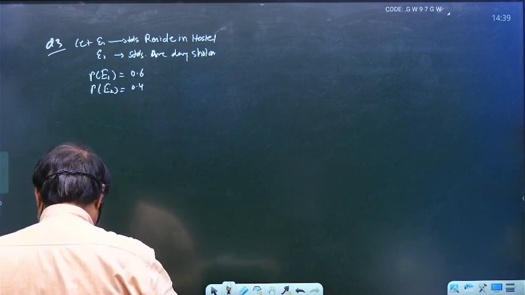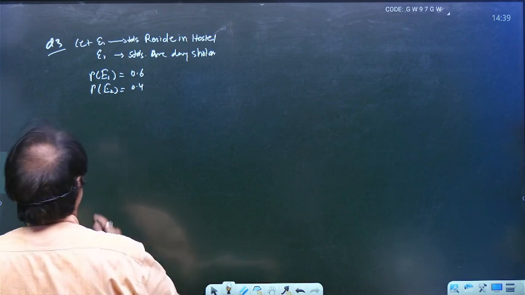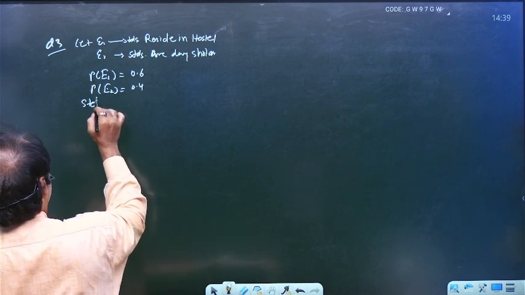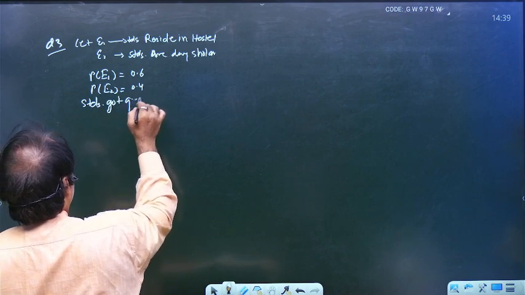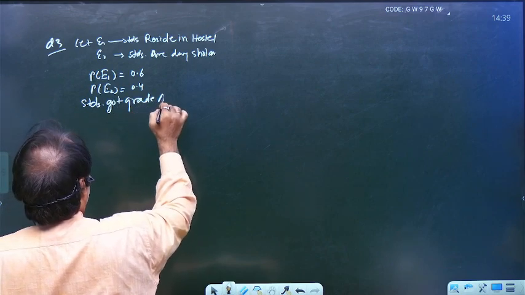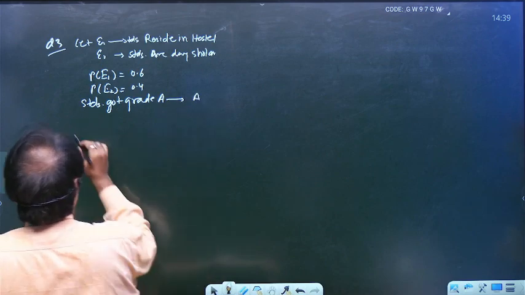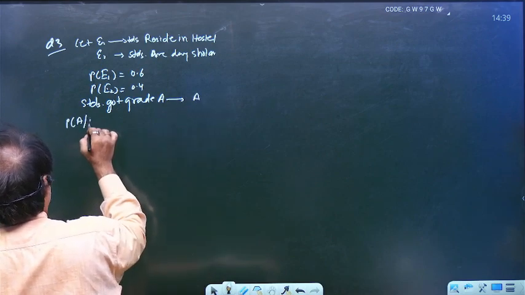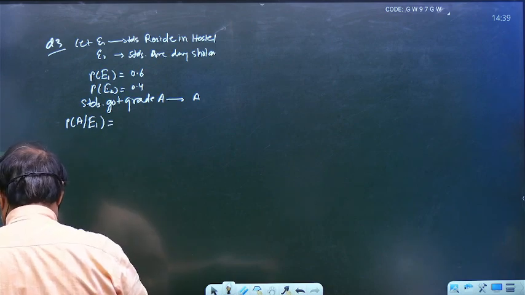And the question is, a student is chosen who got grade A. Suppose that is A. Now probability of A by E1, how much is it given?